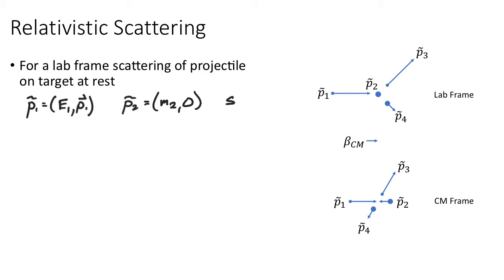That's going to be P1 plus P2 squared. And so when we do that, the energy components, the zero components, are going to add and square.